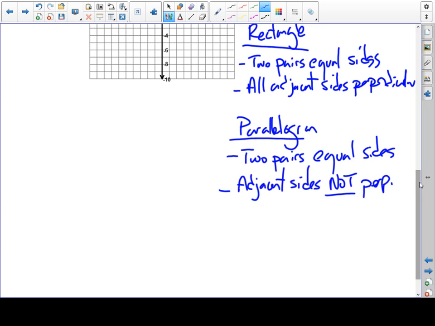So it's like a rectangle, but adjacent sides are not perpendicular, which means there's no 90-degree angles in a parallelogram. Now that being said, I just want to preface this by saying a rectangle is technically a parallelogram. And a square is technically a rectangle, and a square is technically a parallelogram. But we don't have to get into that kind of conversation today.